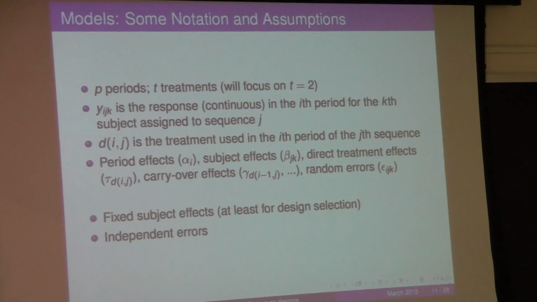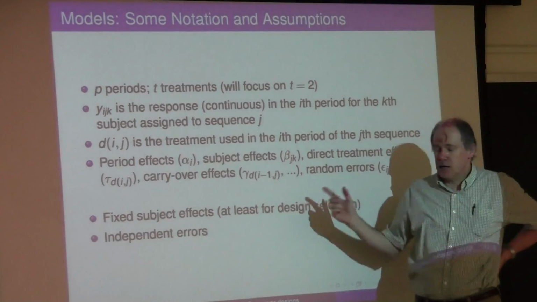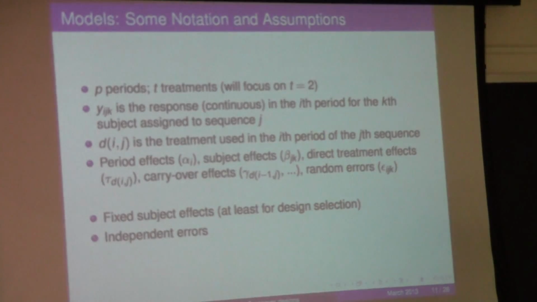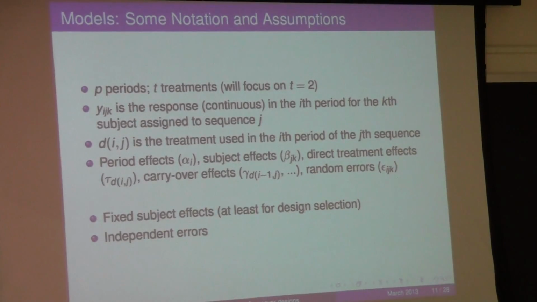On the other hand, the information that you get about treatments in a crossover design, most of the information you get from comparison within subjects, from comparisons on the same subject. That's the most precise information that you can get about differences between treatments.